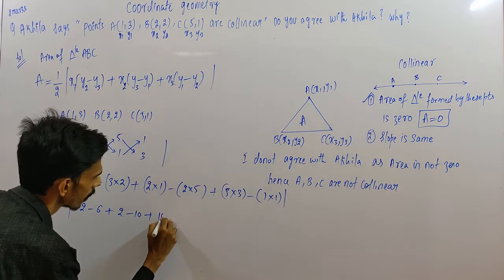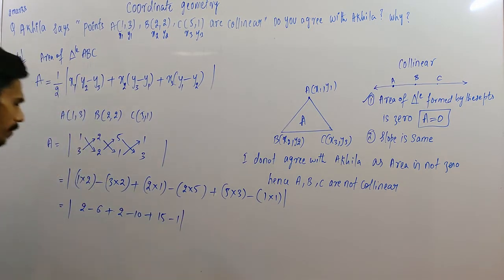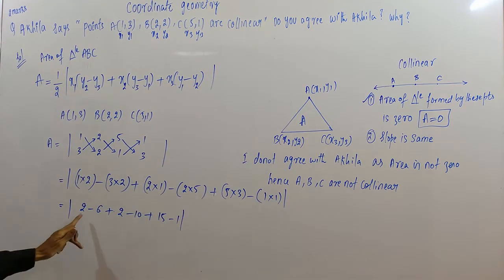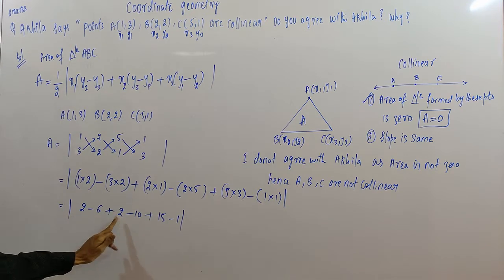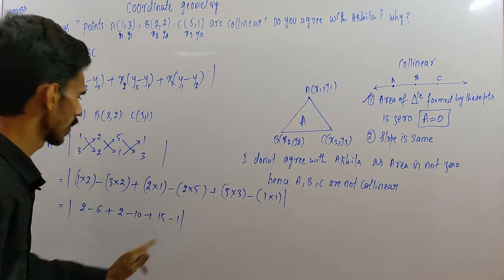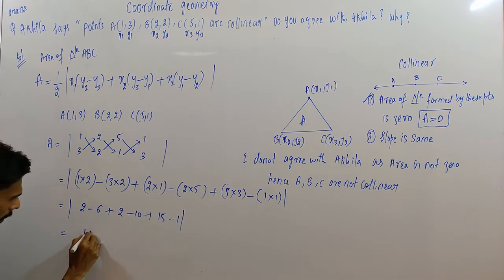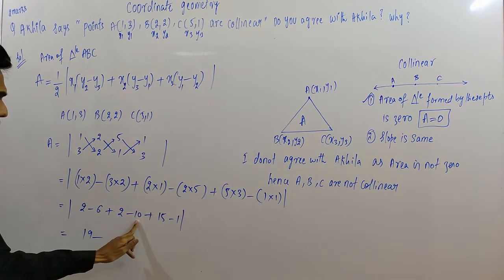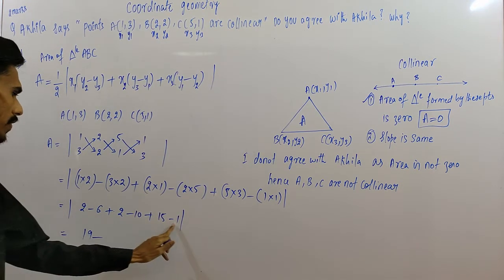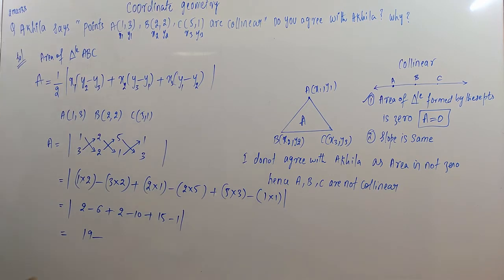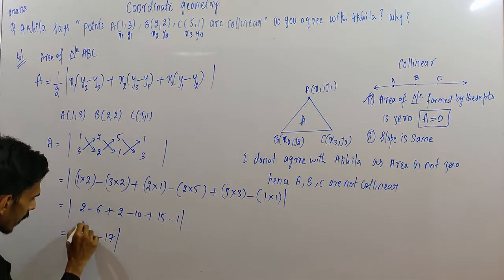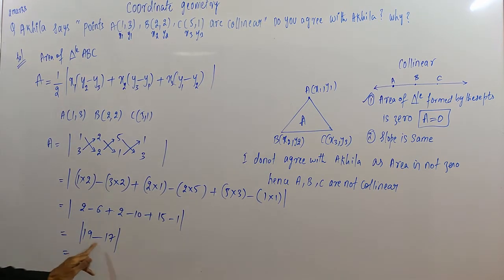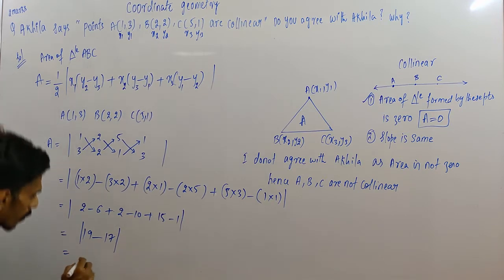Now add all positive numbers: 2 plus 2 we have 4, 4 plus 15 we have 19. Add all negative numbers: minus 6 minus 10, that is minus 16, minus 16 minus 1, minus 17. So 19 minus 17 we have 2.